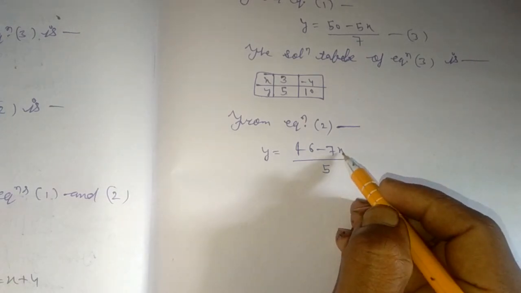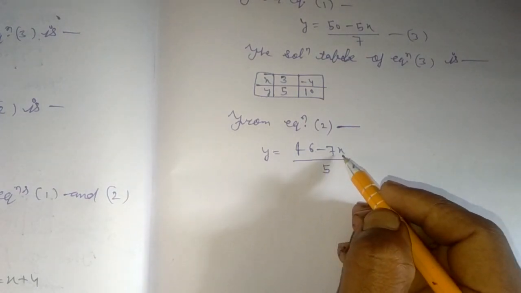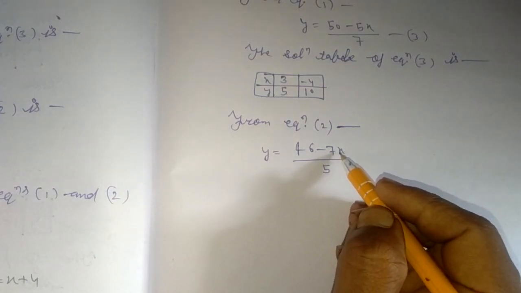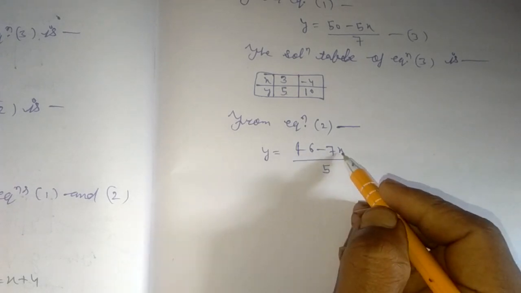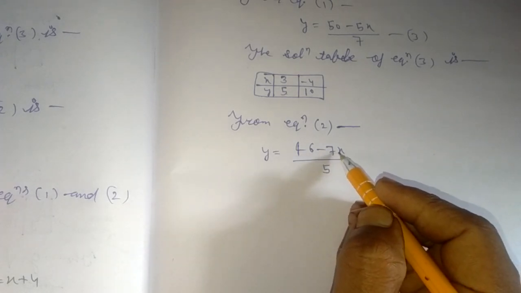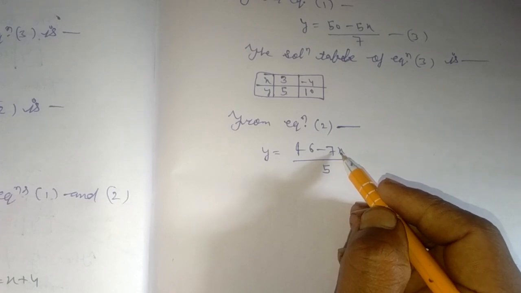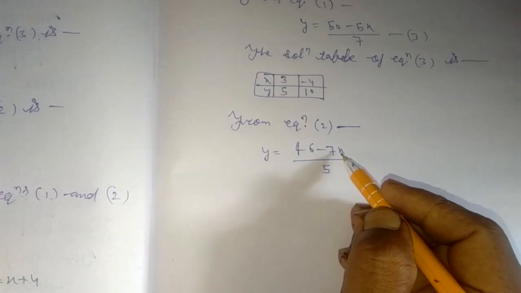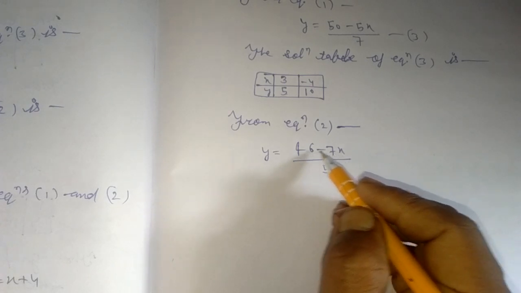First we put x is equal to 0, it is not divisible. X is equal to 1, 7 1 is 7, it will be 39. X is equal to 2, 14, 46 minus 14 means 32. X is equal to 3, 21, and it will be 25.